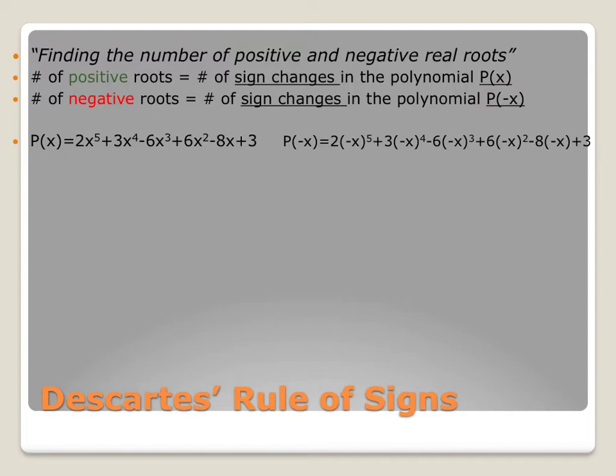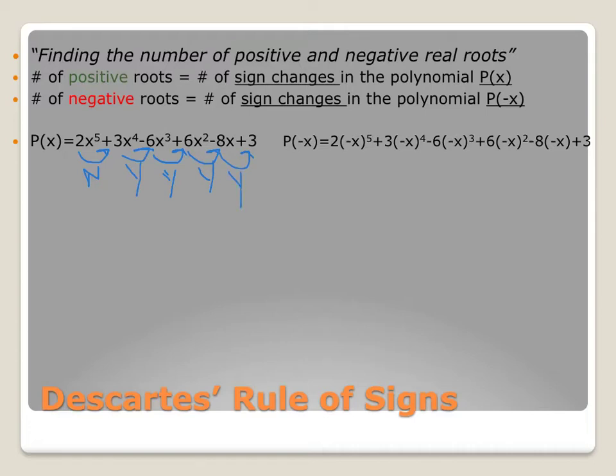Taking a look at p of x, going from positive 2 to a positive 3, there's no sign change. A positive 3 to a negative 6, yes. Negative 6 to a positive 6 is yes. A positive 6 to a negative 8 is another sign change. And a negative 8 to a positive 3 is another one.